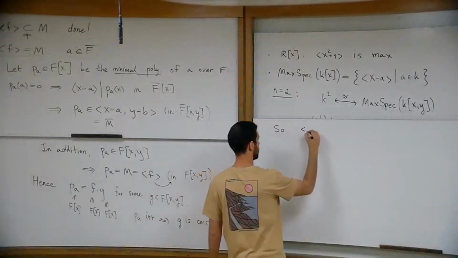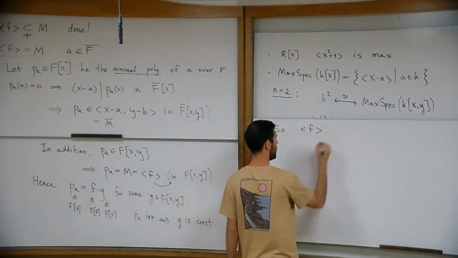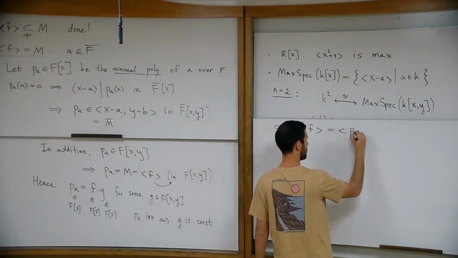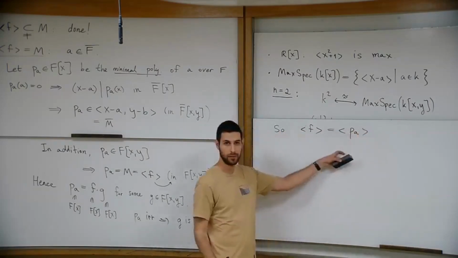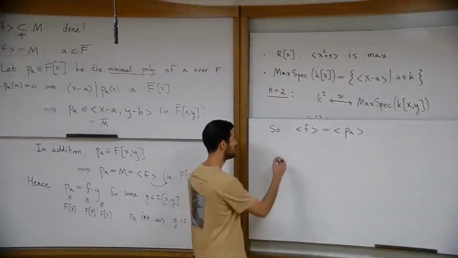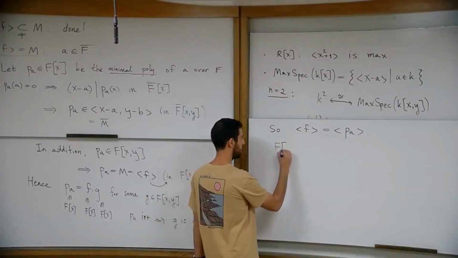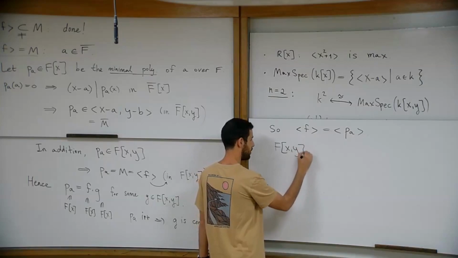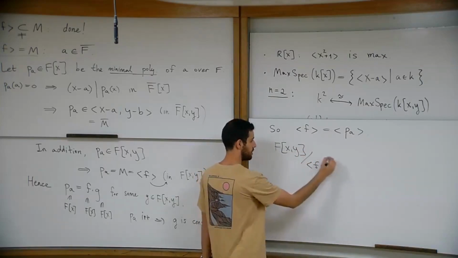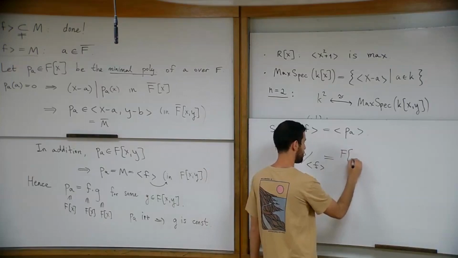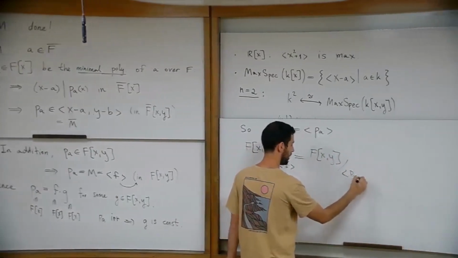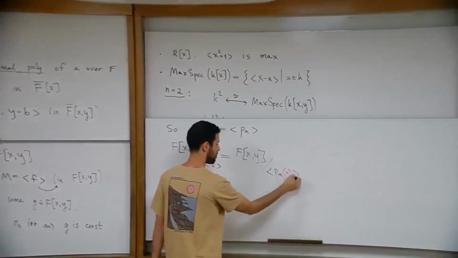So the ideal that is generated by f is just the ideal that is generated by P of A. So what should we do next? We should consider the quotient F xy mod the ideal generated by f, which is the same as F xy mod the ideal generated by P of A.